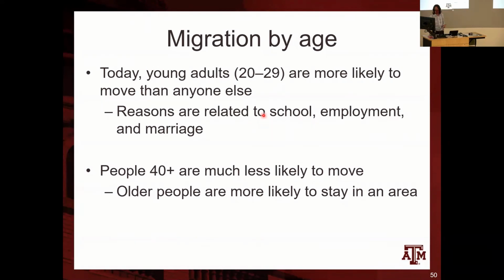As we saw in those graphs organized by Martin Bell and his colleagues, those reasons increase the chances of migrating, in that curve of people going to college, getting a job, and getting married. People who are at least 40 years old are much less likely to move. Older people are more likely to stay in a specific area exactly because they already have a more settled life.